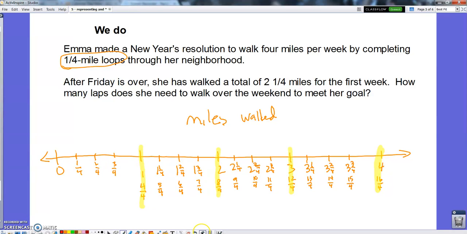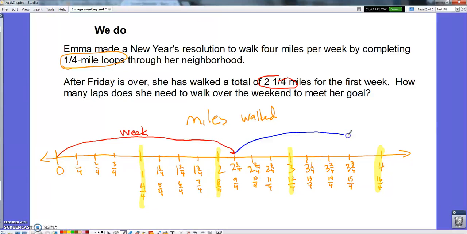So she got to here, from 0 to 2 1/4 miles during the week, right, is what it says. And so that means for the weekend, she's got to get from there to the goal. Weekend in blue.